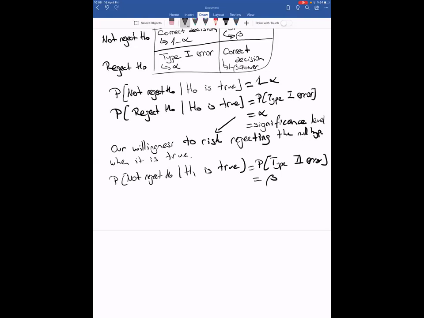As you can see, the sum of these two is 1: 1 minus alpha and alpha, and similarly 1 minus beta, or the power function, and beta make a complete set. So reject H0 when H1 is true is a correct decision, and it is 1 minus beta, or the power of the test.